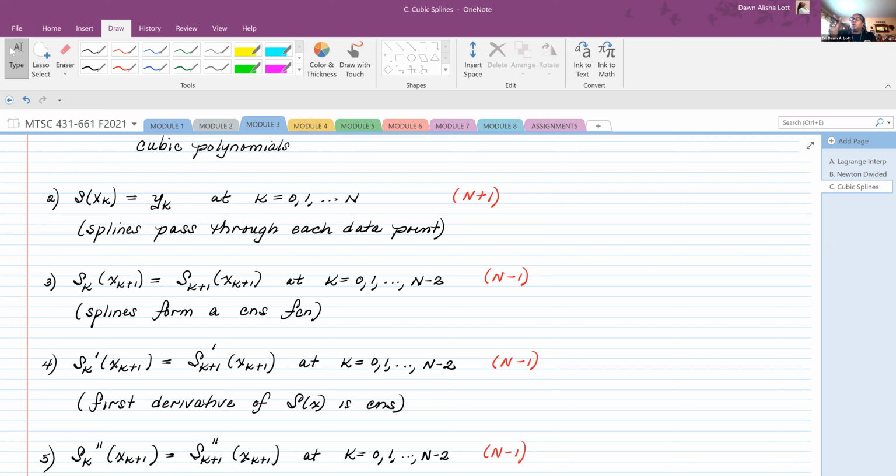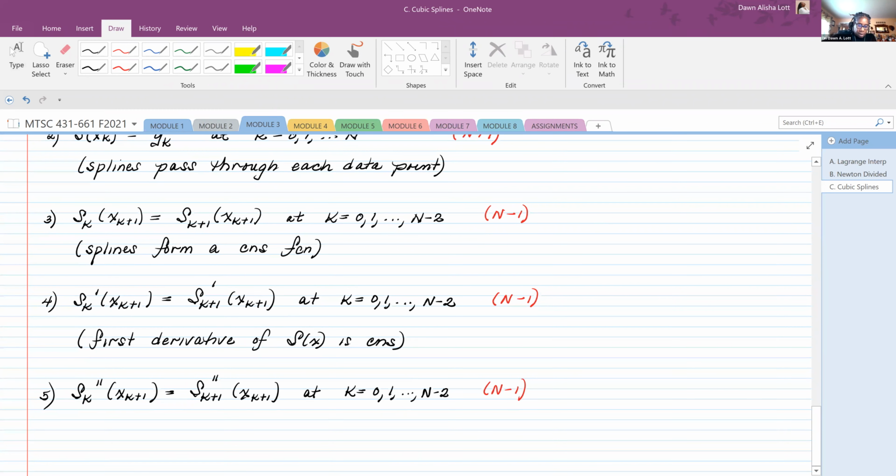So each one has its own cubic equation on each interval between the points. But we're making it so that anytime you're at a juncture where S1 meets S2, the function has to be continuous. The first derivative has to be continuous. And then the second derivative, its concavity, has to be continuous. So that's where we get all these different things.